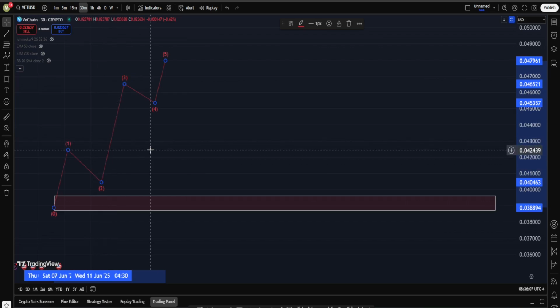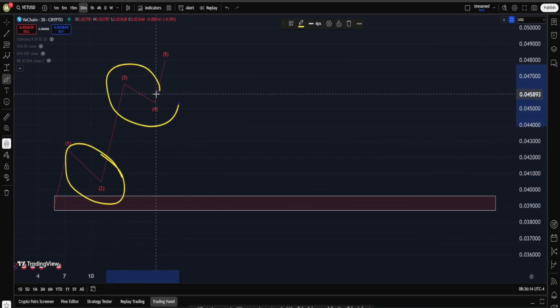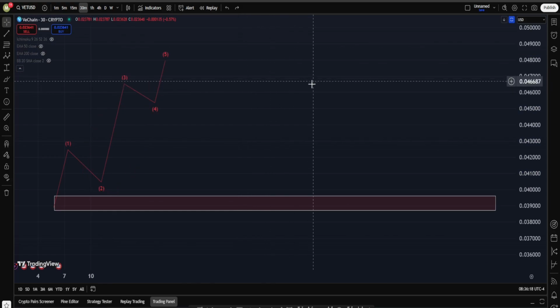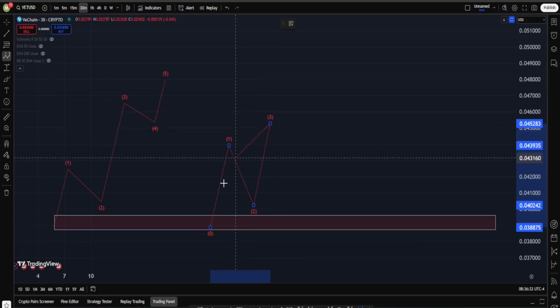This specific example is an impulse. Rules for it are, we should not have overlapping of the waves between wave 2 and 4, and in any kind of 5 wave, wave 3 should not be the smallest wave. Now, sometimes we can have other kinds of 5 waves. For example, you can have a wedge structure, and in that case, this is our wave 1, and this time it must be the biggest wave, correction for wave 2, another move up into wave 3, it has to be smaller than wave 1, correction for 4.